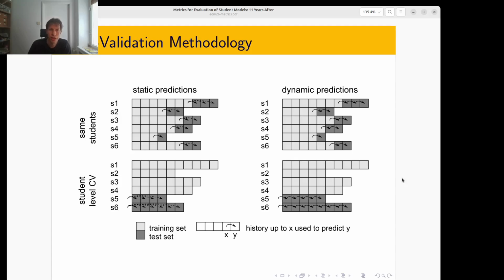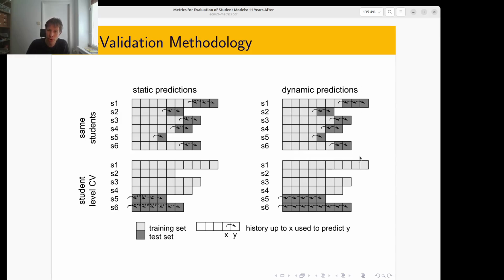Another aspect of the cross-validation methodology is whether the predictions are updated dynamically or they are treated statically. The simple approach is that you take the train set, train the model, and then compute all the predictions for the test set based on the trained model. More realistic to practical applications are dynamic predictions, where after observing each new observation, for example each new answer from a student, we update the model and recompute the predictions.